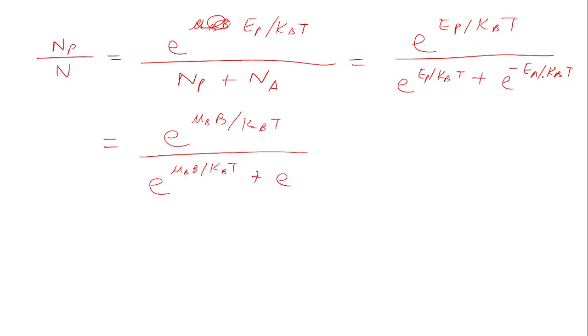And EA is minus mu B B by kBT. So this is the ratio of number of magnetic moments parallel to that of total. Now if we calculate number of magnetic moments anti-parallel to that of total, then this will be the same formula.